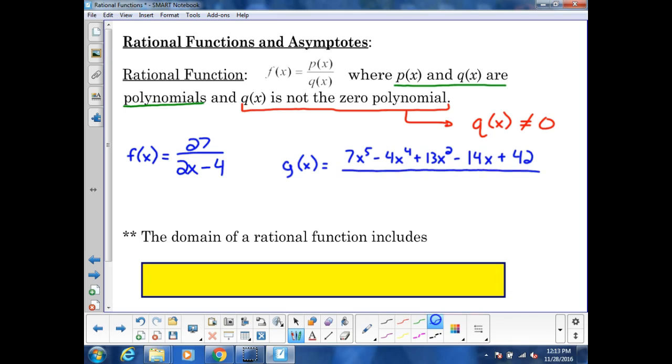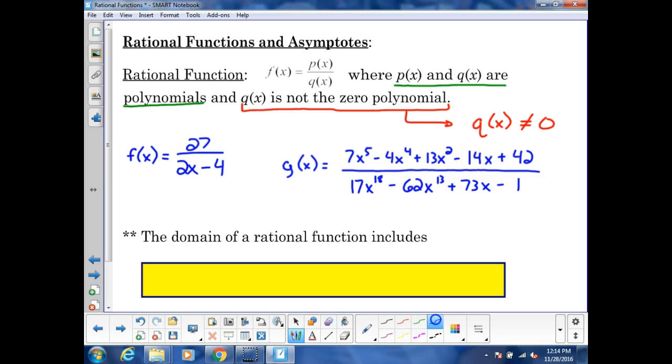All over 17x to the 18th power minus 62x to the 13th power plus, I like, 73x minus 1. Is that a rational function? Yeah. It's a fraction. It's got a polynomial for a numerator. It's got a polynomial for a denominator.